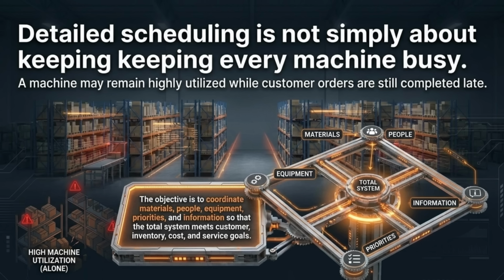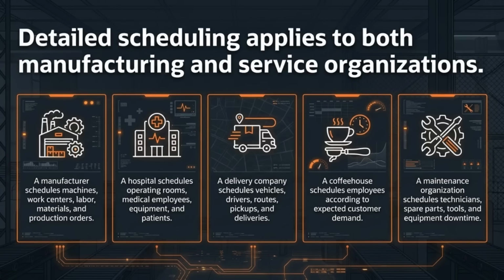The objective is to coordinate materials, people, equipment, priorities, and information so that the total system meets customer, inventory, cost, and service goals. Detailed scheduling applies to both manufacturing and service organizations. A manufacturer schedules machines, work centers, labor, materials, and production orders.